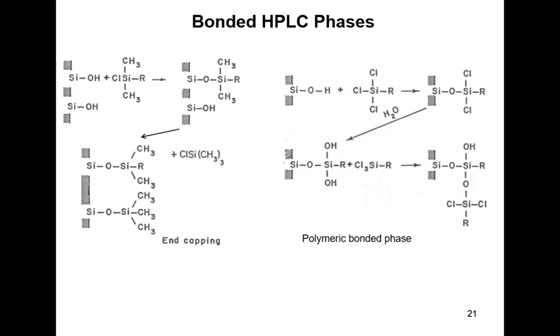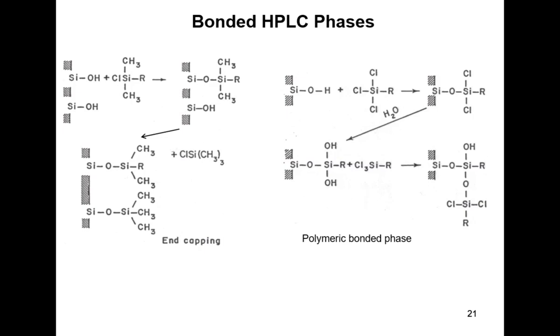It's a bit less obvious from this diagram what's happening with the polymeric bonded phases. I'll try and give a rough illustration of what this leads to. But what you're doing is you start off with chlorosilane reagents which have got additional chlorine atoms attached. So that gives rise to multiple reaction sites on each silicon atom.